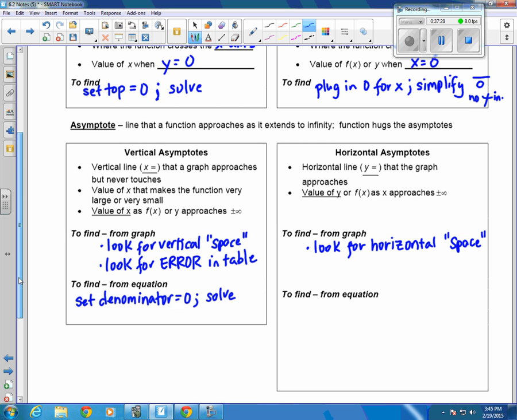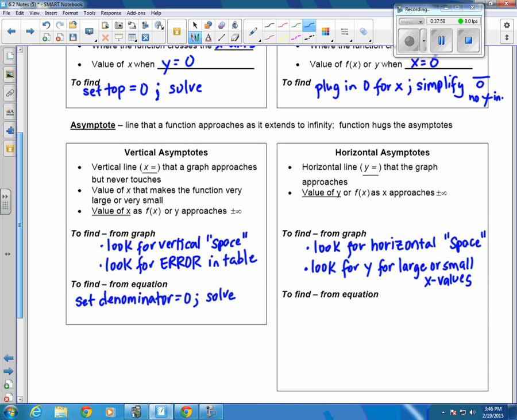What did we do with the table? Big numbers, good. So we plugged in. We used the ASK features, right? We plugged in large and small values of x.